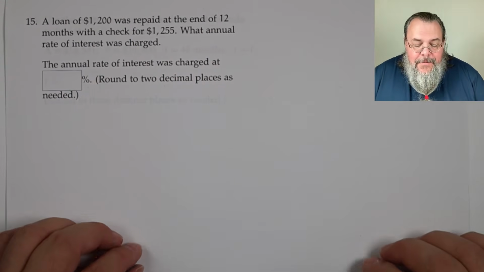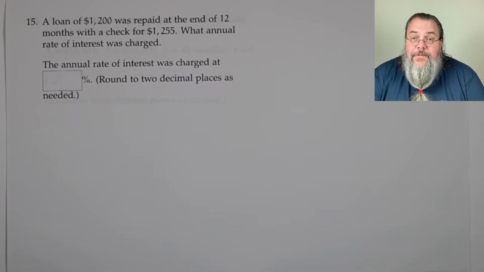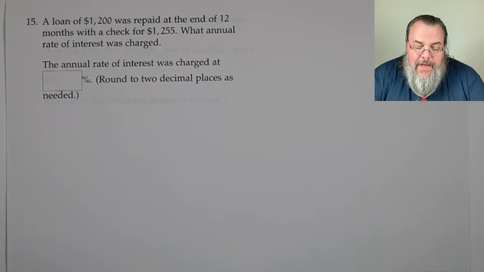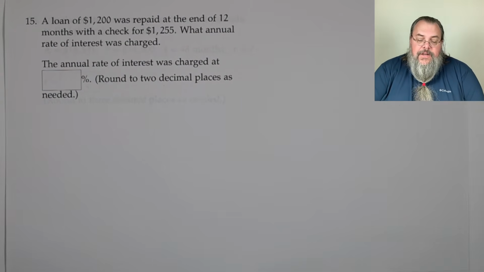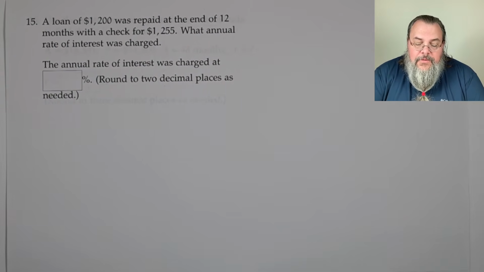Number 15. A loan of $1,200 was repaid at the end of 12 months with a check for $1,255. What annual rate of interest was charged? It says round to 2 decimal places as needed.